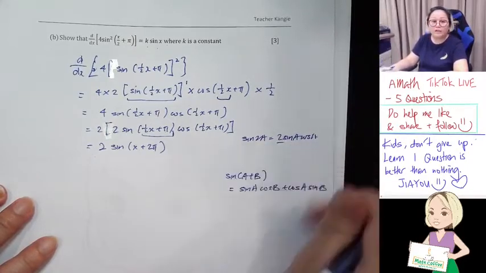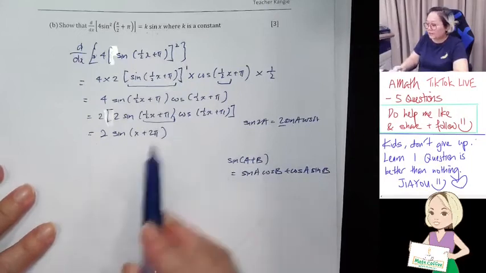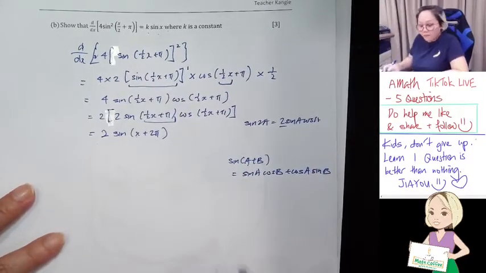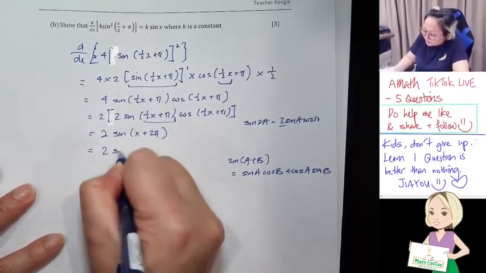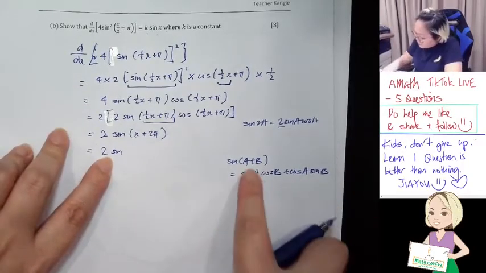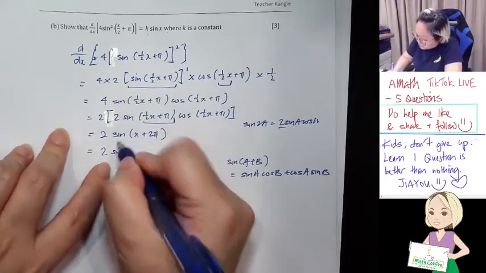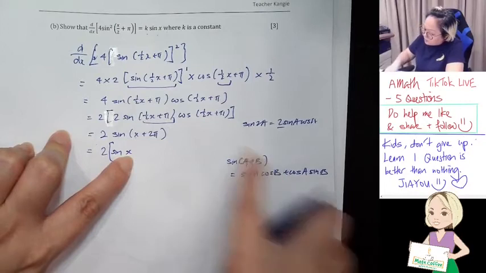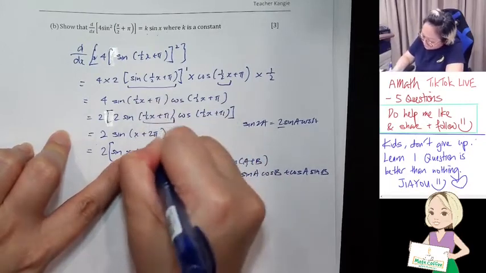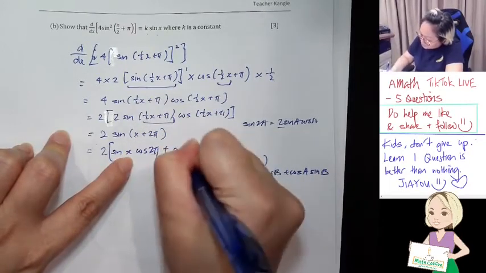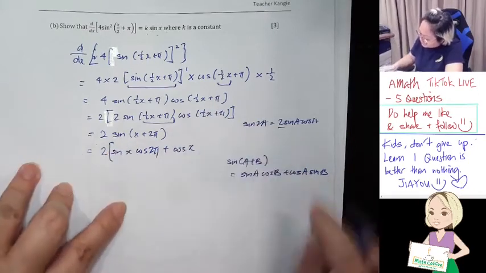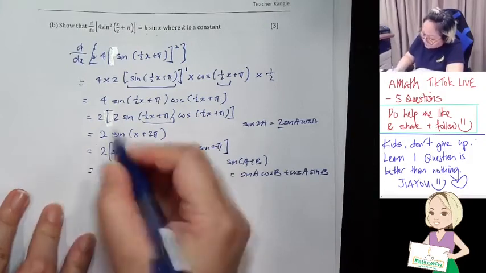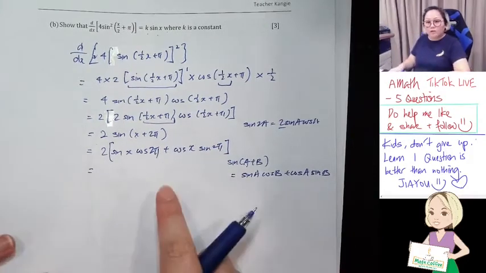Take it out from the formula sheet. So in this case, my A is my x, my B is my 2 pi. Understand? So it becomes 2 sine x cosine 2 pi, you can put brackets also, plus cosine A, which is x, sine B, which is sine 2 pi. Okay, kids, see here. So what is cosine 2 pi?